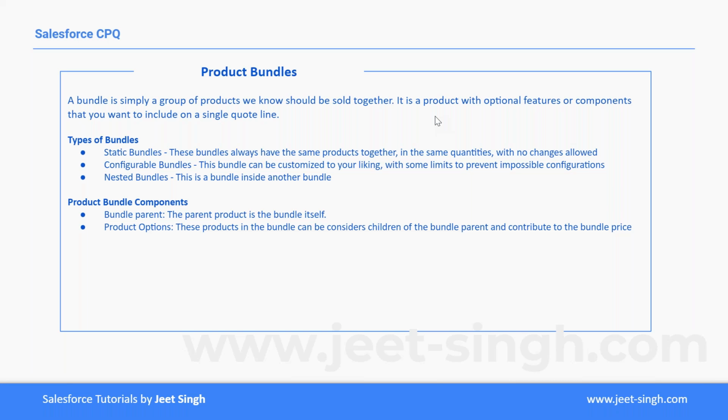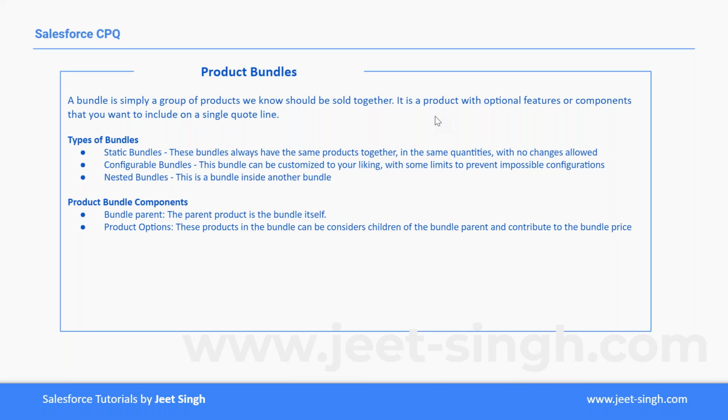That 2.2 gigahertz processor is an option. 2.5 gigahertz processor is another option, and 2.8 gigahertz processor is another option. So all the items which can be included as part of the bundle, in addition to the bundle parent, those are all options. Fine, simple.